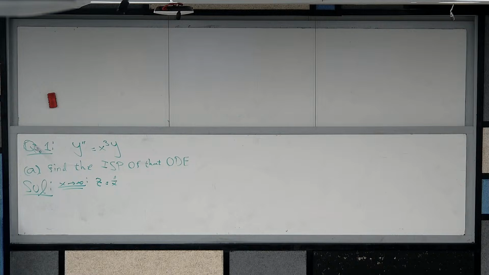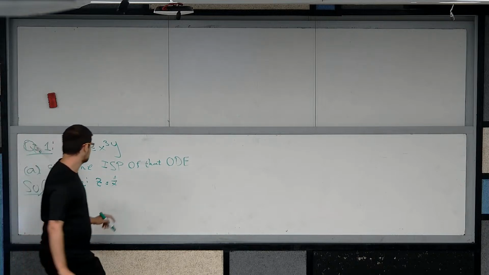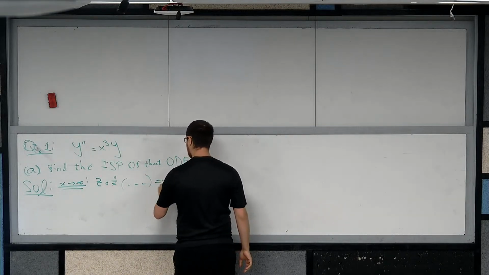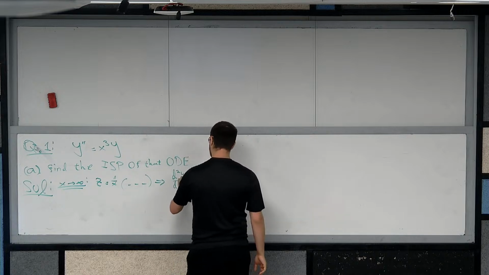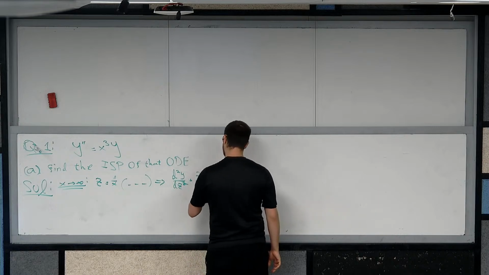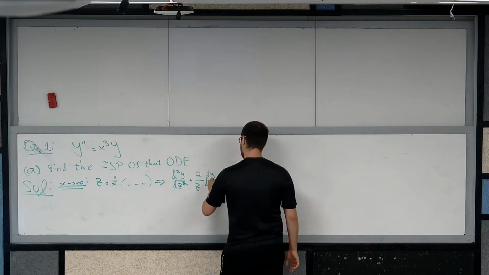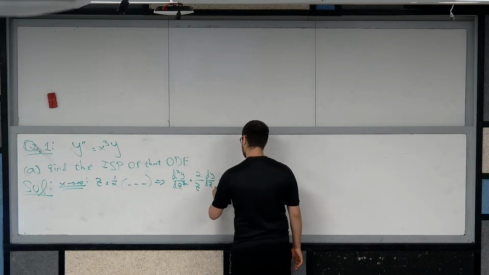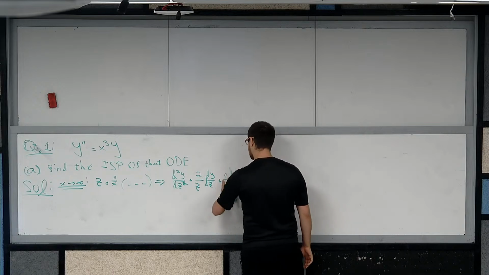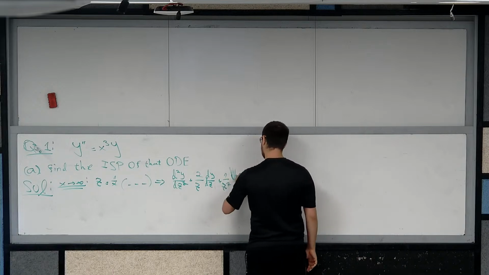Then we get d squared y over dz squared plus 2 over z dy/dz plus 1 over z to the 7th power y equals 0.